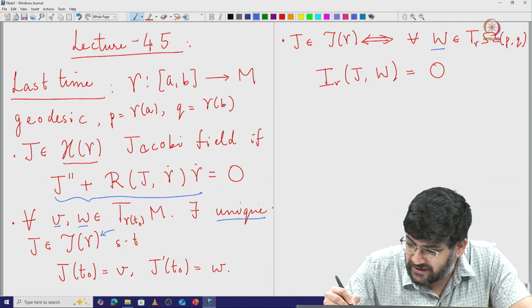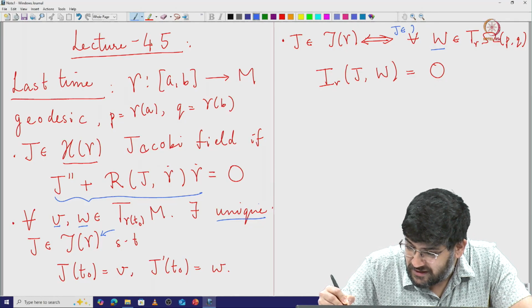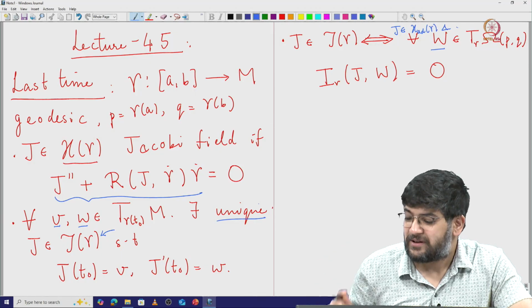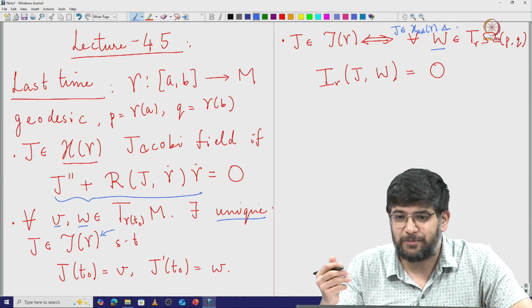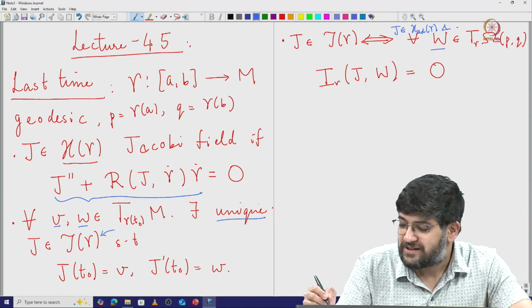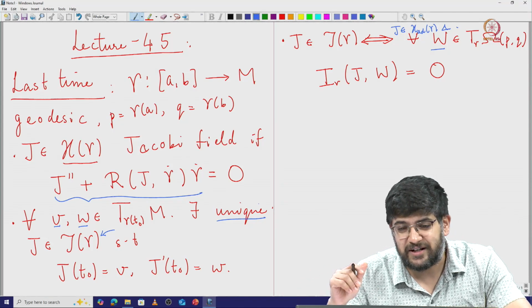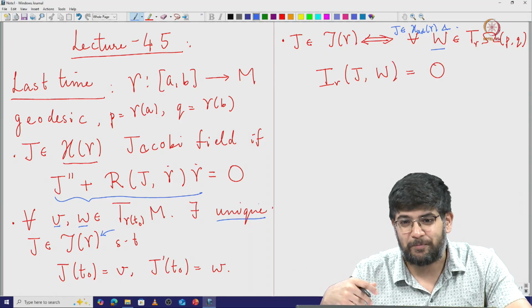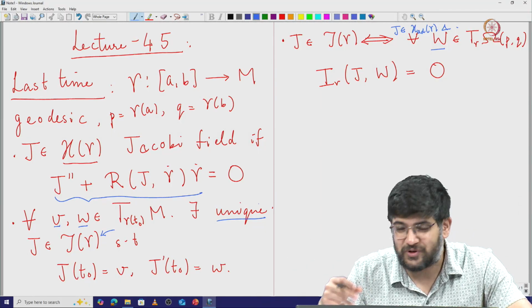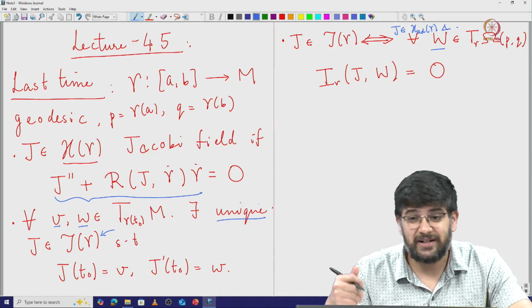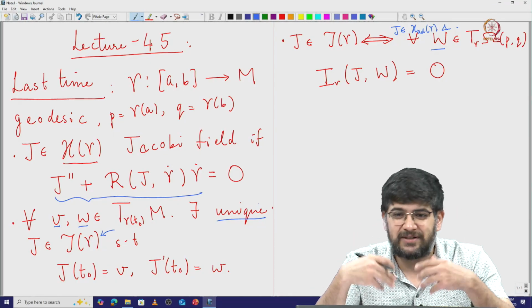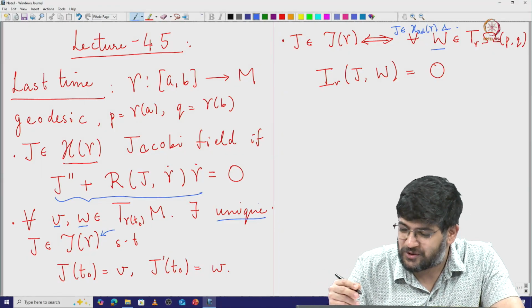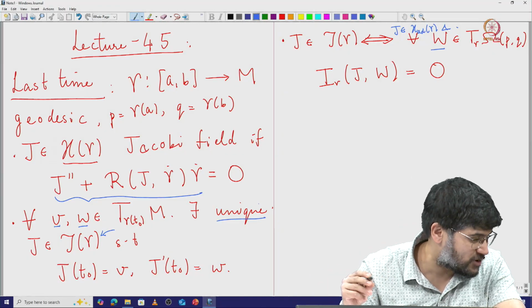So I should say that suppose you have any admissible vector field j such that it satisfies this condition, that any w in the tangent space pairs to 0 via the index form, then j is not only smooth but it also solves the Jacobi equation, right. So that is what the statement was.